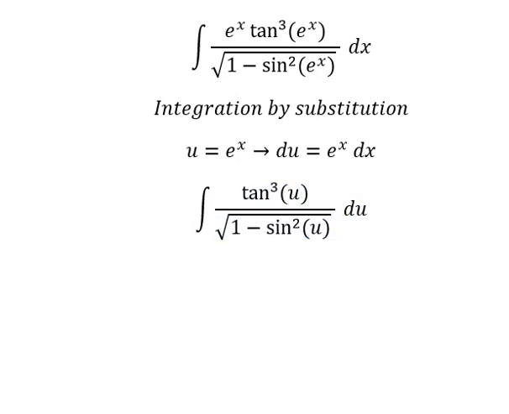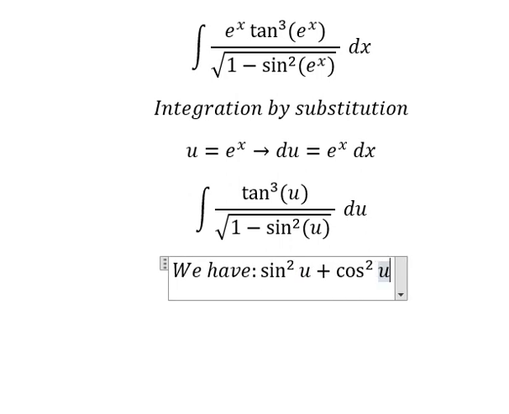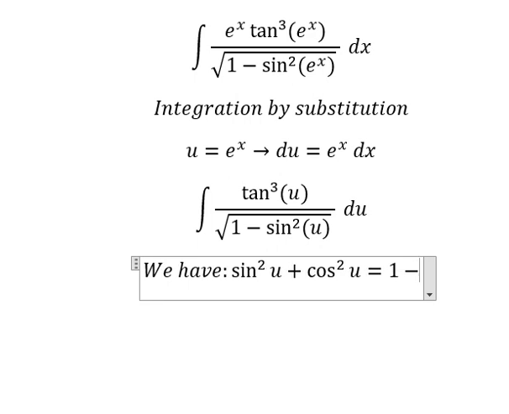Now we have the formula in here. Because we have 1 minus sine u square, I will put this one to the right.